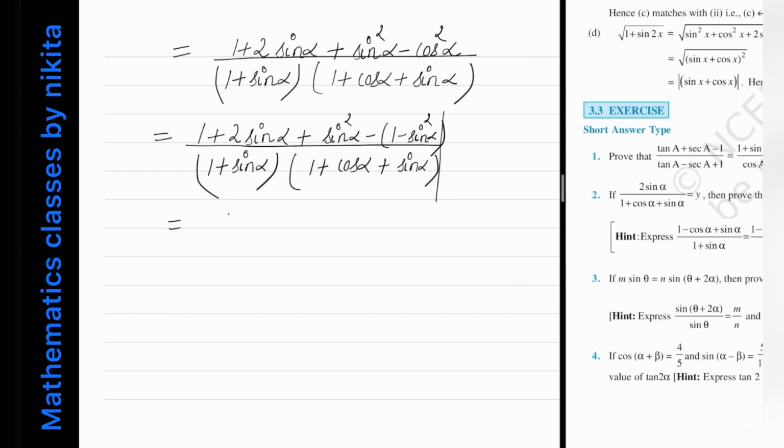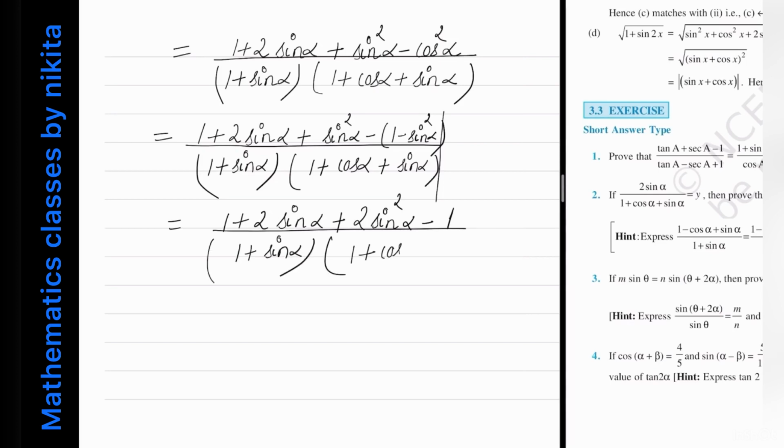So this will become 1 plus 2 sin alpha plus 2 sin square alpha minus 1, divided by 1 plus sin alpha into 1 plus cos alpha plus sin alpha.